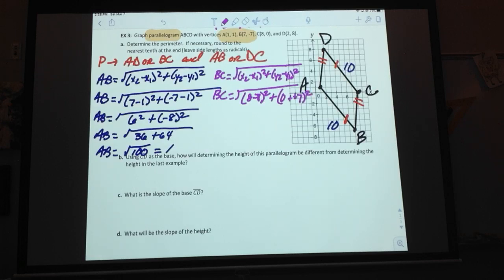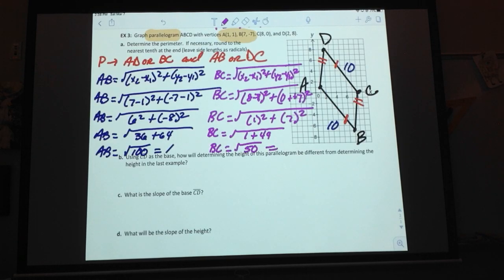Negative, negative, make it positive. So B to C, 8 minus 7 is 1. So I have 1 squared, and 0 plus 7 is simply 7 squared. So BC is the square root of 1 plus 49. So BC is the square root of 50. And we should know by now that the square root of 50 is simply 5 square root of 2.